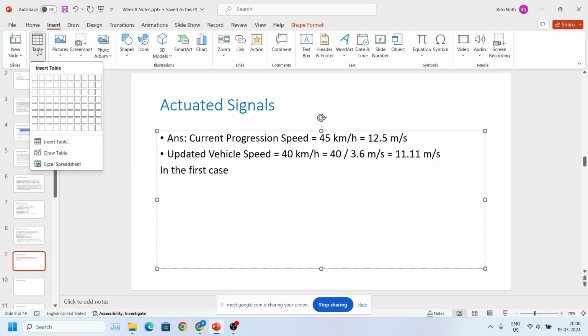So you have the platoon progression. Okay, green start times.